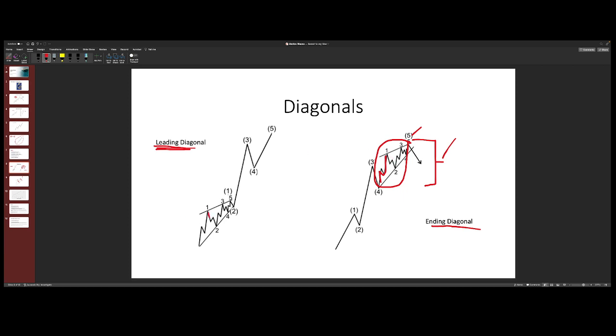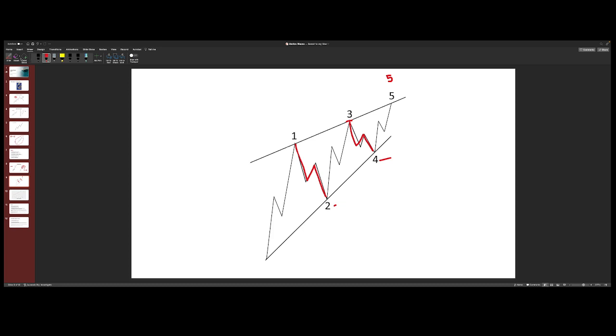In a leading, only 2 and 4 always subdivide into zigzags. Waves 1, 3, and 5 can be an impulse or a zigzag. So that's the difference between this guy and this guy: in an ending diagonal, waves 1, 3, and 5 must be zigzags. Okay?